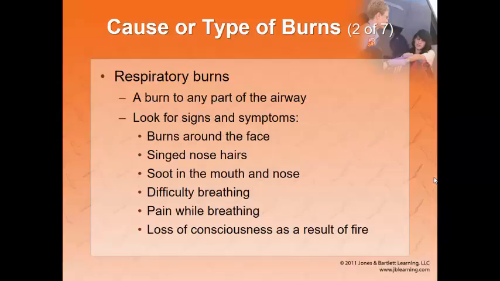Now there's 5 parts of the body that if any part of the 5 that I'm going to talk about have a burn, we call it a critical burn, and one of them is an inhalation burn or a respiratory burn. So if they inhaled really hot air, and of the two, moist air versus dry air, moist air causes the most burn.